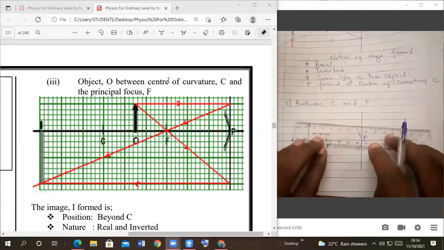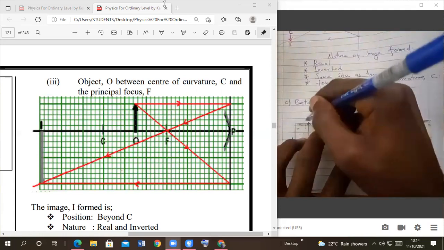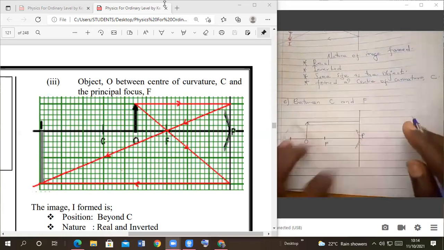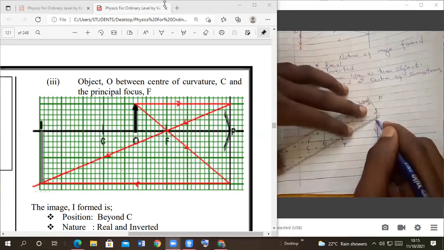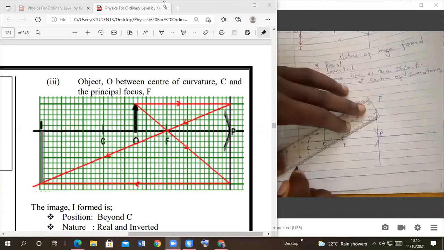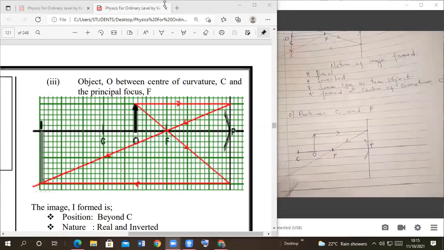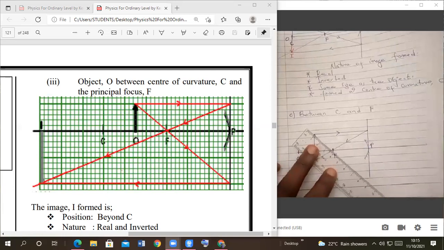So as usual, take a ray of light parallel to the principal axis. When you reach the mirror, what will happen to it, members? It will be reflected through the principal focus like that. Members, are you following me? Then again, a ray of light through the principal focus from the object.